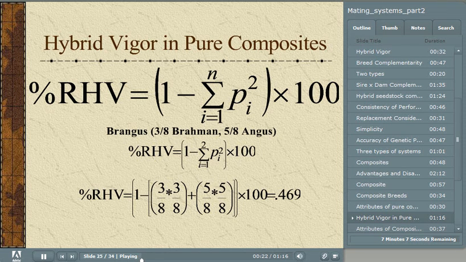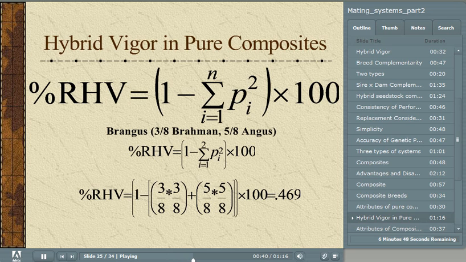Realizing that in a pure composite, the breed composition in the males and in the females that you're mating together is the same, rather than separate percentages, we just square the percentage of each of the breeds and subtract that from 1.